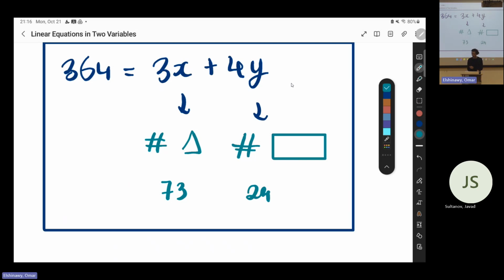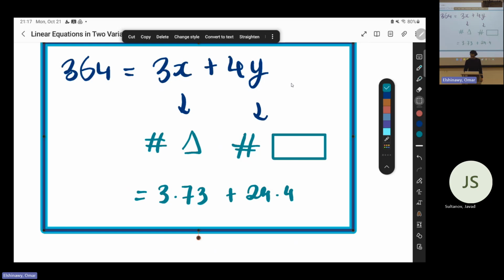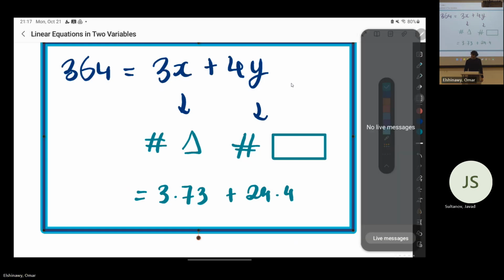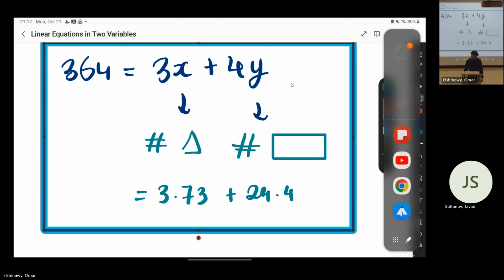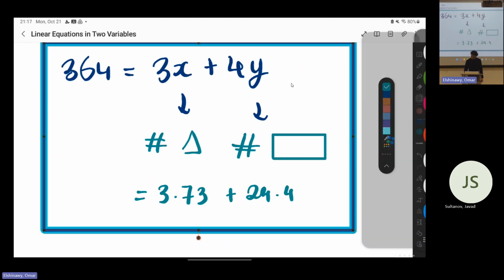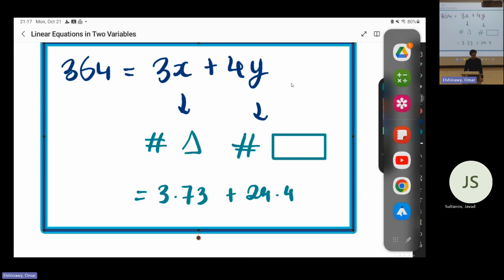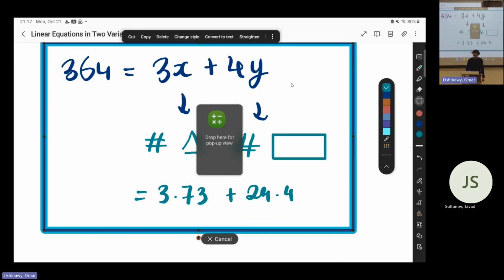Can anyone tell me? That's 3 times 73 and 24 times 4, because you have 4 straws for each rectangle, and 3 for each triangle. Then you get, I should have my calculator here, 315. But it's not 364.